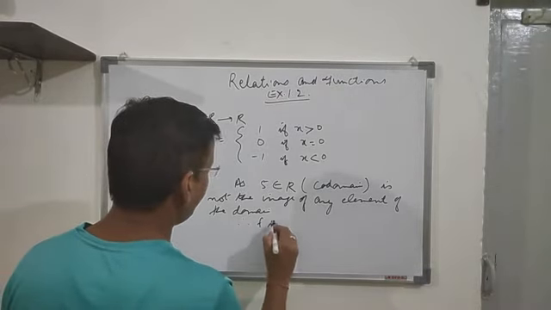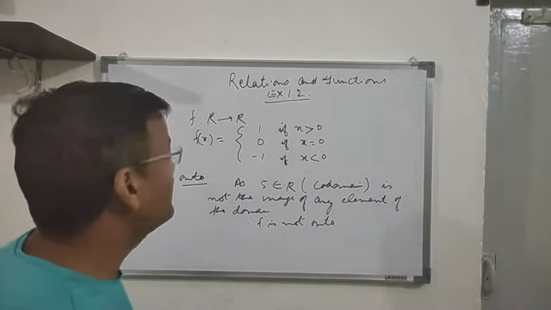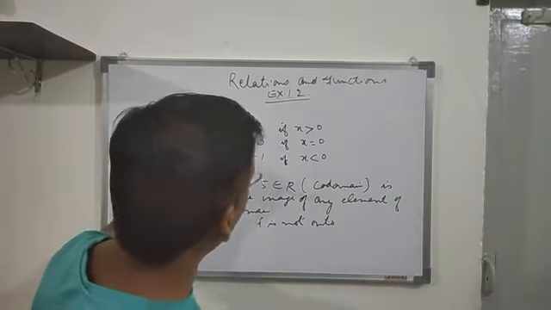Therefore f is not onto. This is not an onto function. In place of 5, you can take any number other than 1, 0 and minus 1.